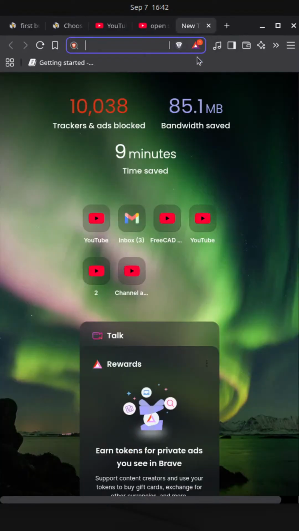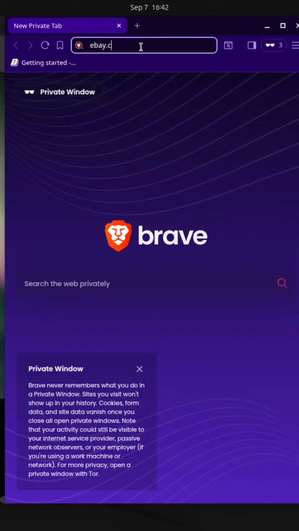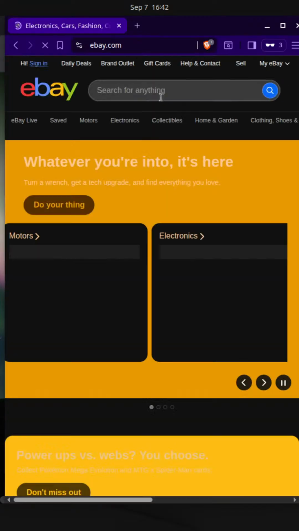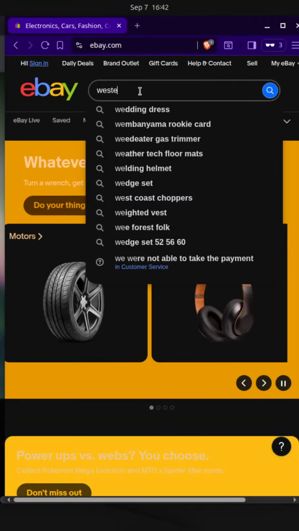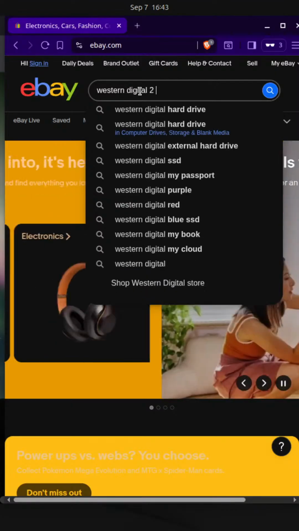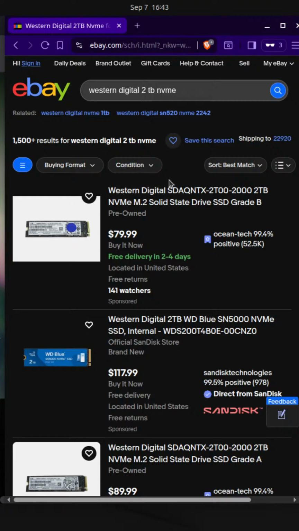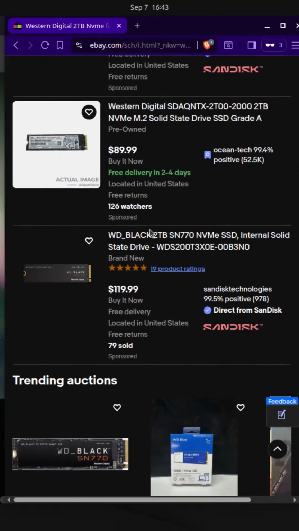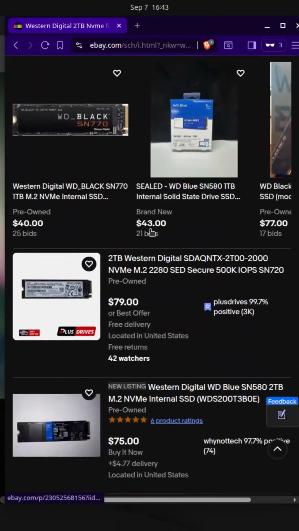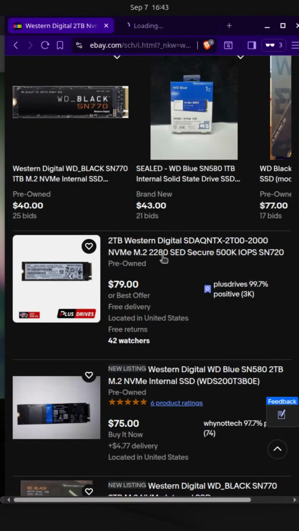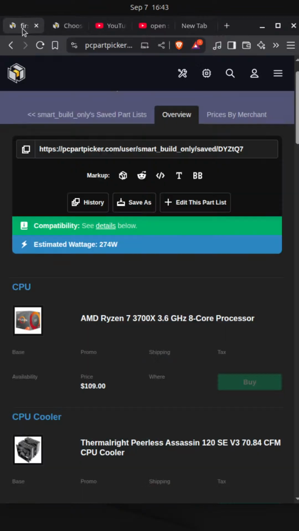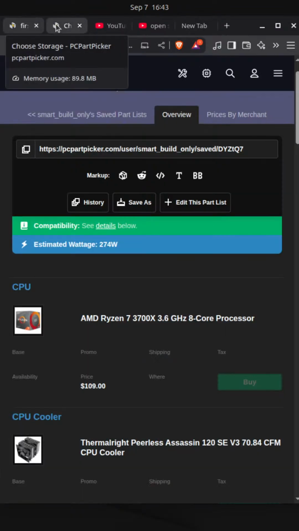Alright, let's bring up eBay. I'll just show you the ones I'm actually looking at. This is one of them. SDAQNX. Was I just typing that in wrong?